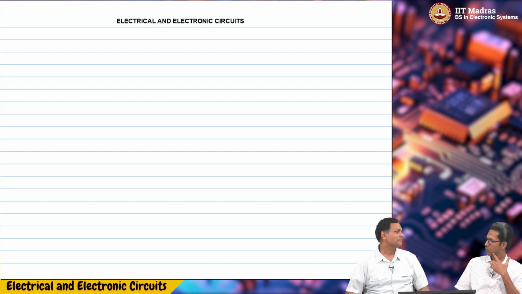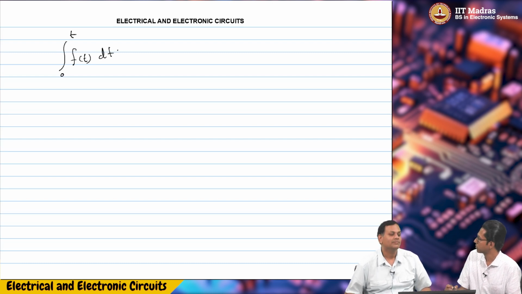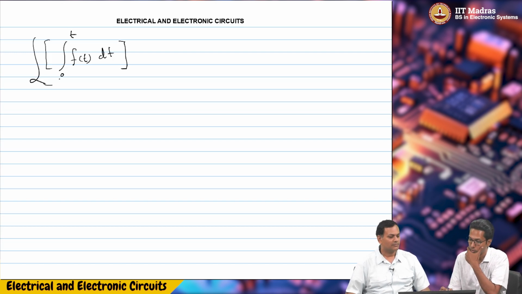Or in general, if I have some signal f of t, and I am integrating from 0 to t, f of t dt, I want to find out the Laplace transform of this. How will I go about it?